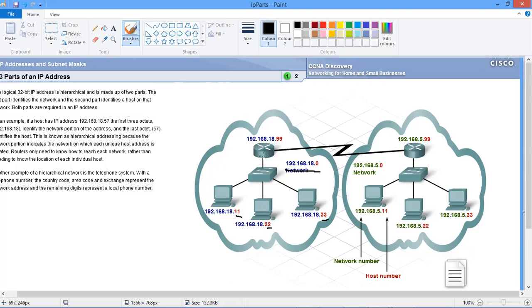But just know that this is your gateway, and the gateway always takes the first valid IP address or the last one. I'll talk about that later on. The same thing goes for this. This is a network address. These are host IDs, so it's an IP address. So the gateway is supposed to take the first valid IP address of this, that is 5.1. Here is 18.1, or the last one. The last valid IP address is 254. So that is by the way. I'll still come back to this.